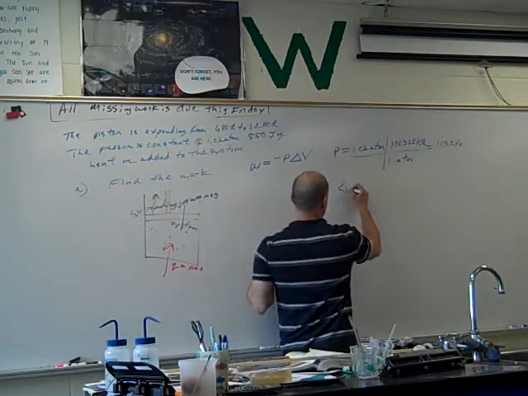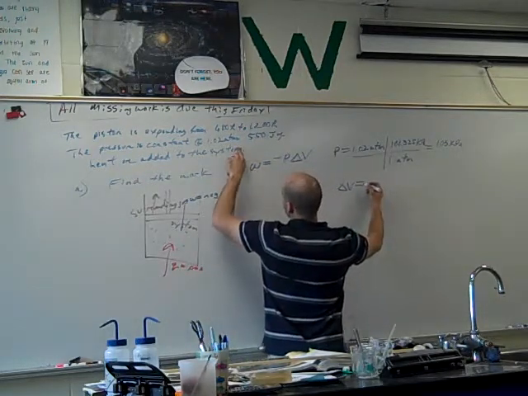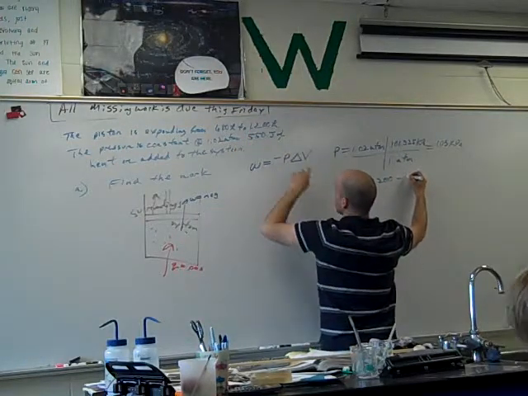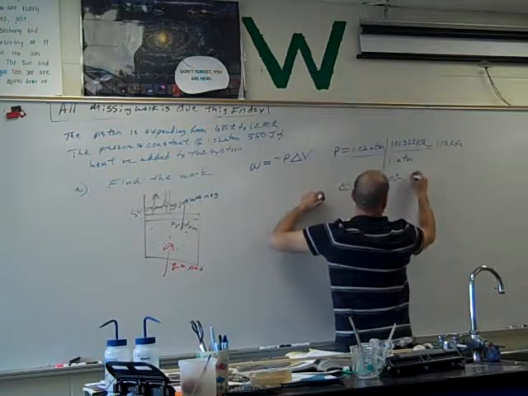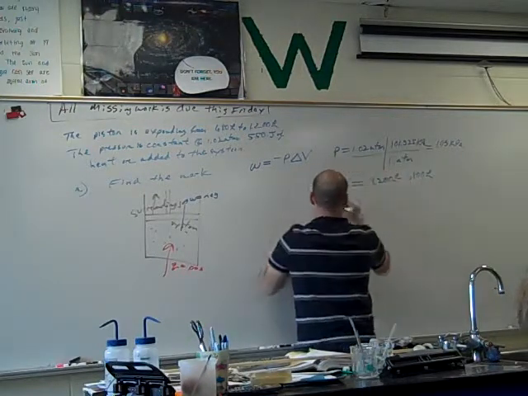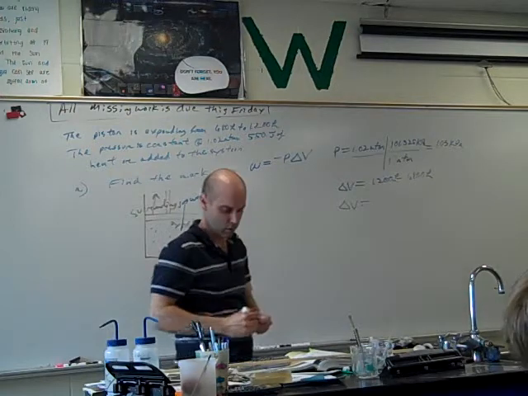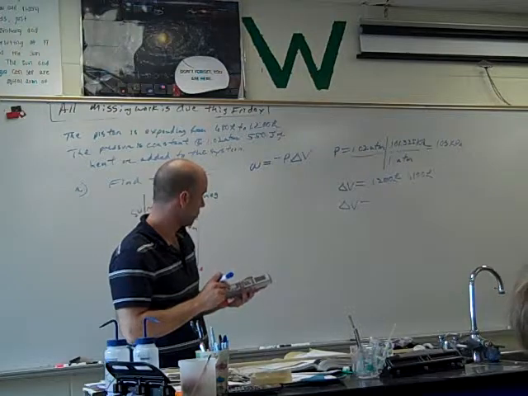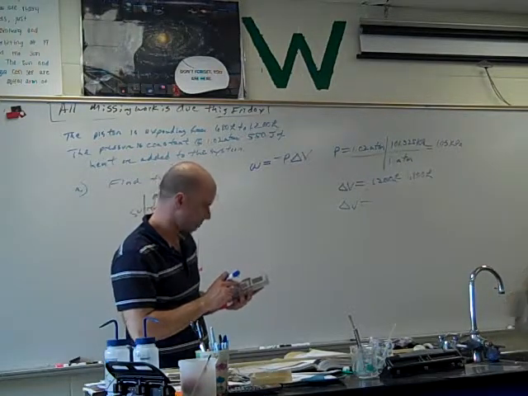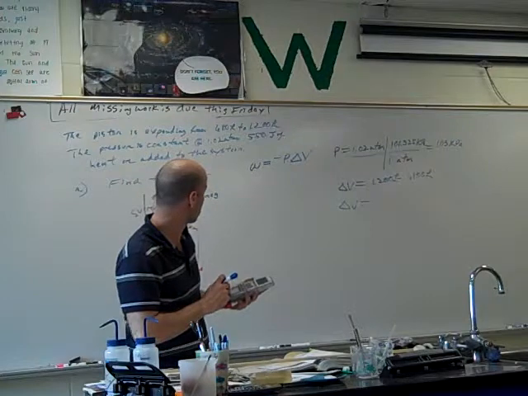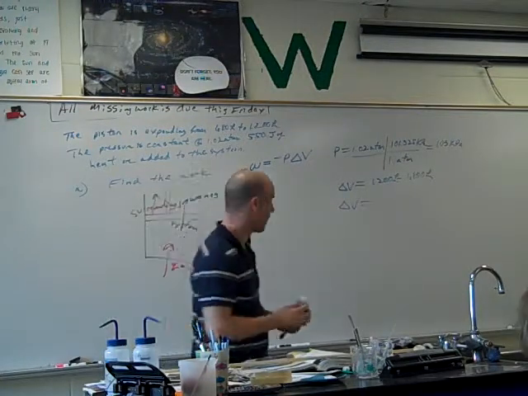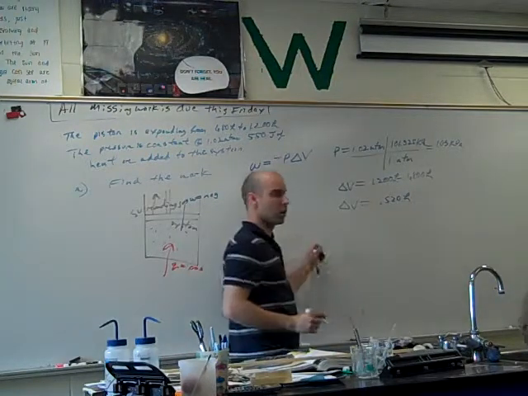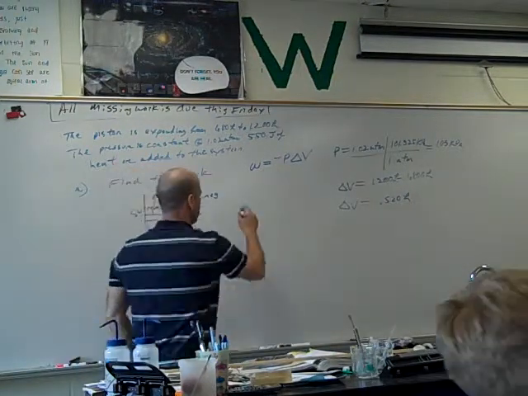Our delta V is final minus initial, so 1.200 minus the initial. Change in volume is 0.520 liters. So I have my pressure, I have my volume.